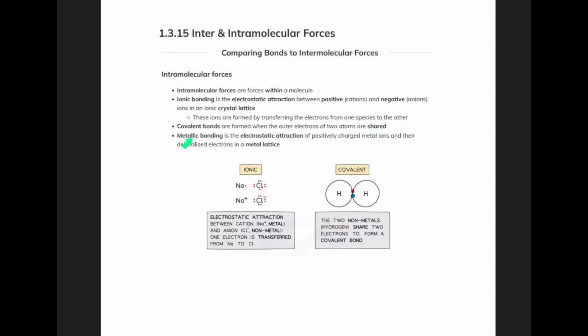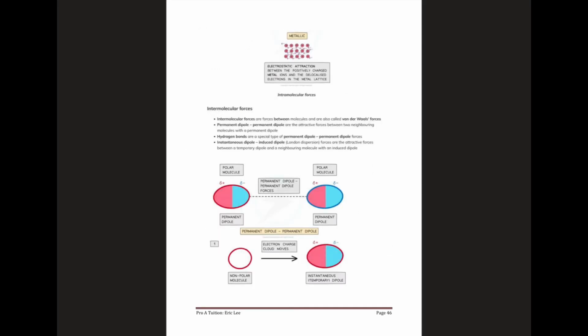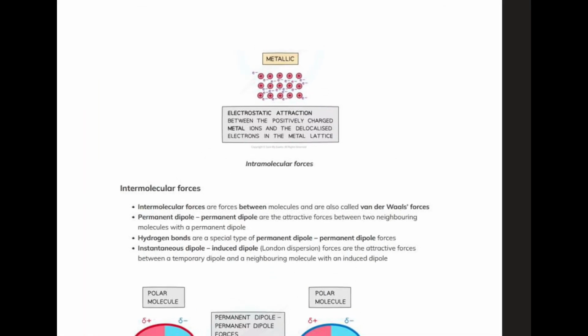We have metallic bonds, which is electrostatic attraction between the metal cations and the delocalized electrons. So we have three types of intramolecular forces: ionic, covalent, and metallic. This is the example. This is ionic, this one covalent, and the next one is metallic.